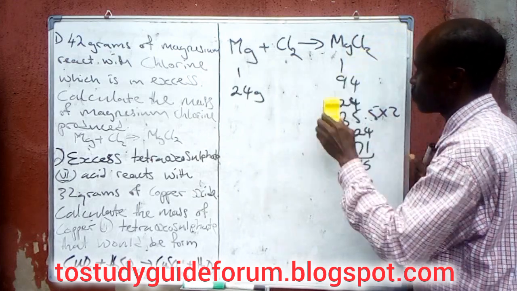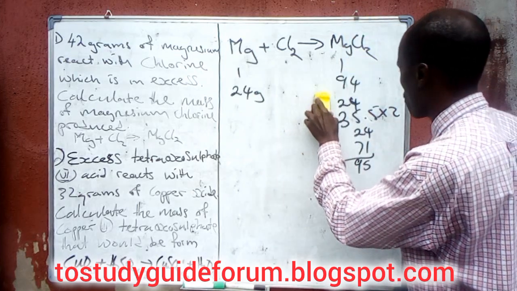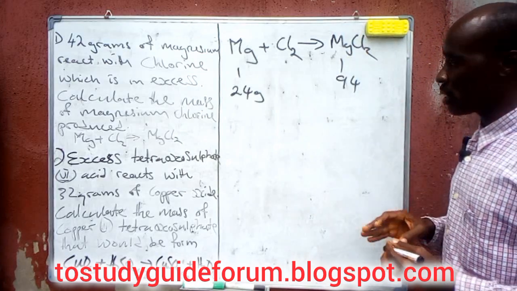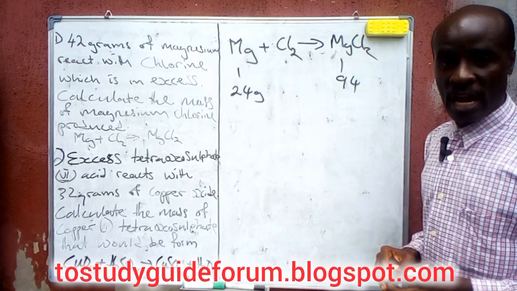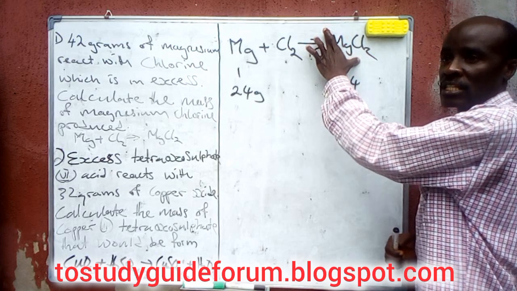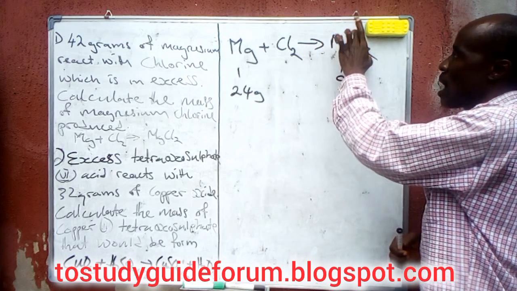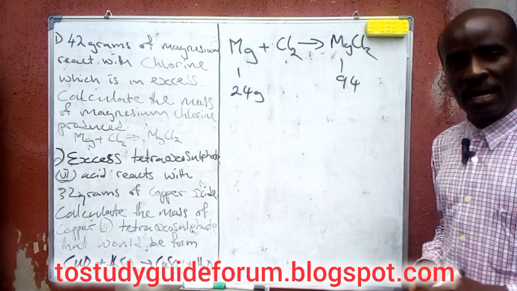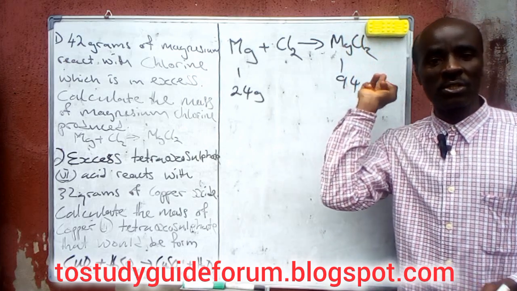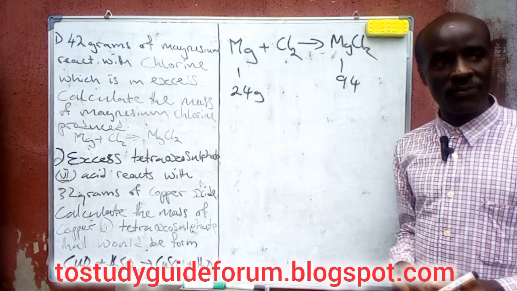If you don't know how to do the calculation, I think this will be a very clear hint. You need to find the relative molecular mass of magnesium and add it to the relative molecular mass of chlorine. Chlorine here is 35.5.